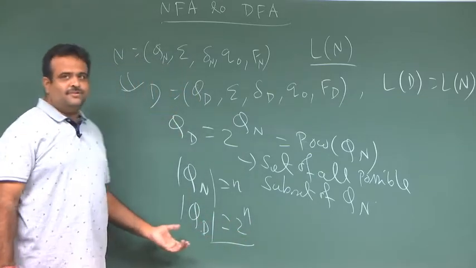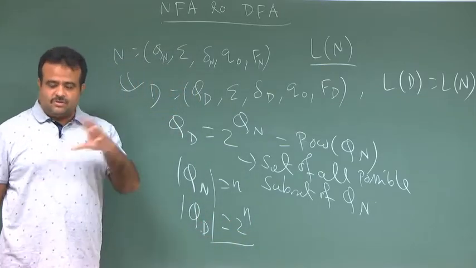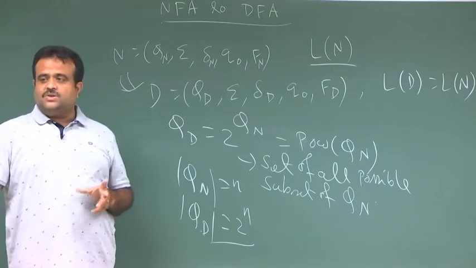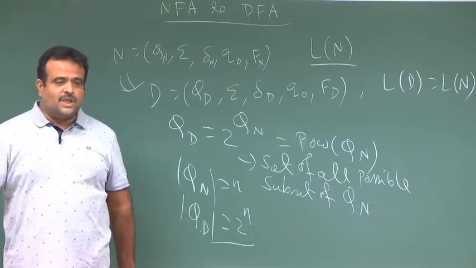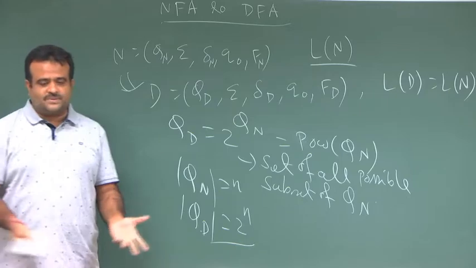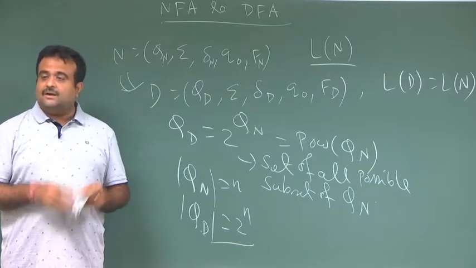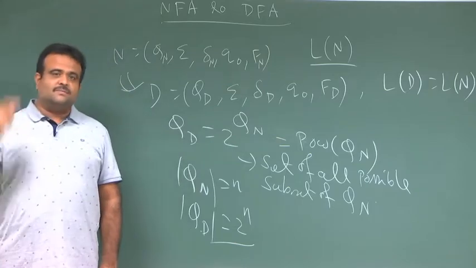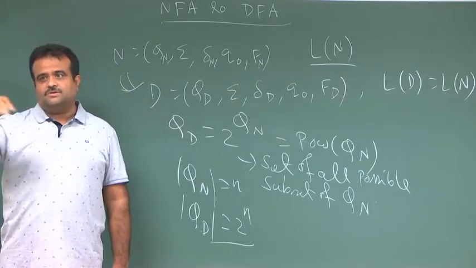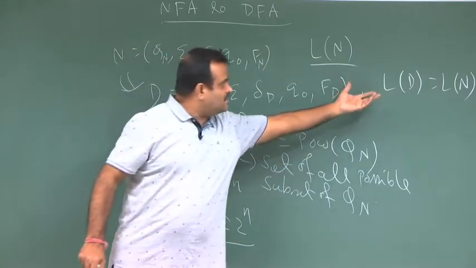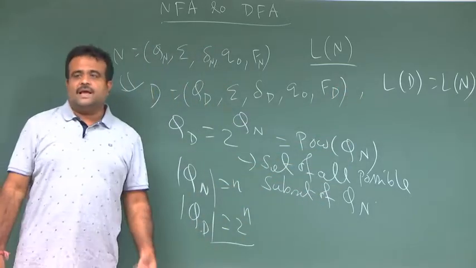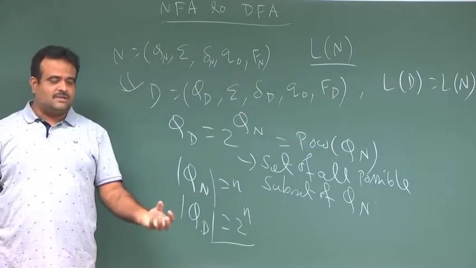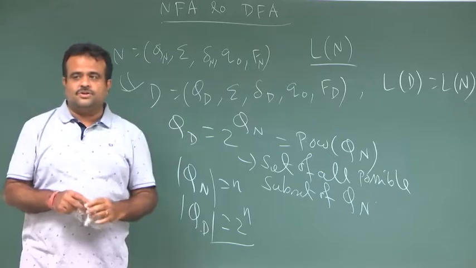But we do not really need to consider all the states. We will take the states which are accessible from Q0. So, we consider all the subsets which are containing Q0, the starting state, because we are talking in terms of the language. Language means we start from a starting state and we should be able to reach the final state.